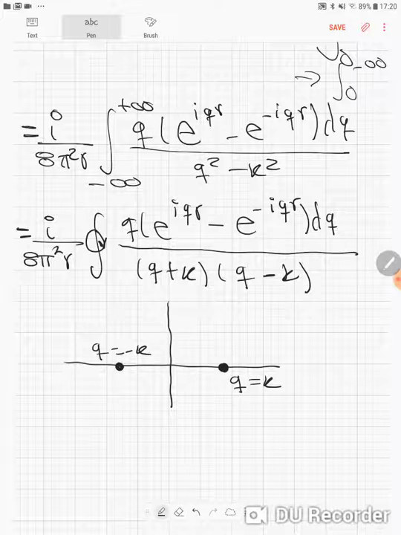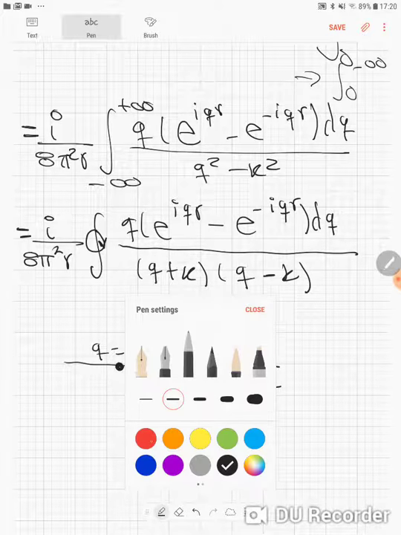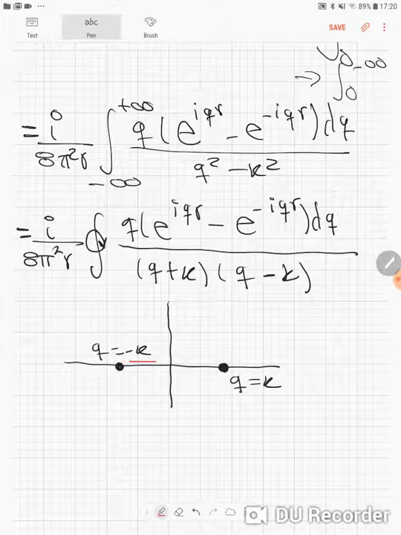For these two semicircles, we're going to deform the semicircle a little bit. The upper one, we're going to deform it in such a way that the upper semicircle is not going to contain q equals to minus k. Okay, it's not going to contain that one, but it will contain q equals to k. This is what the first semicircle called C plus is going to look like.